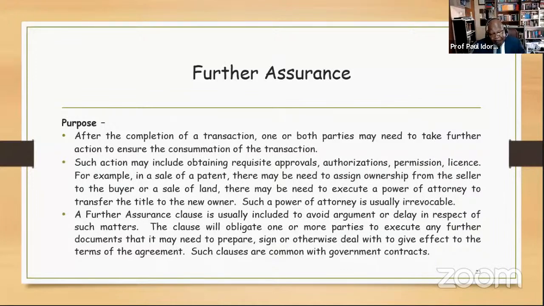So when you buy the asset from BPE, you include this clause that when you apply to NERC for your license, BPE will assist you to obtain the license. That's how it works. So there are assurances in the contract.